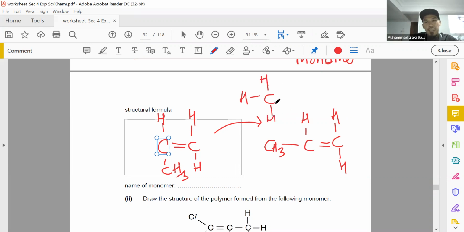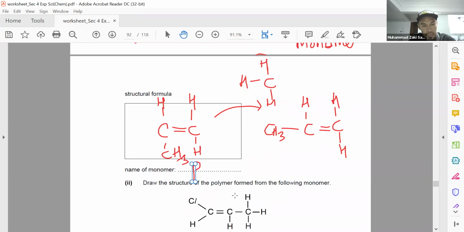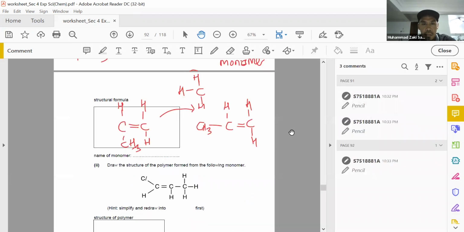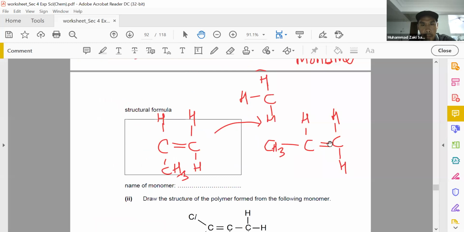Yes. So this and this are the same. So when you substitute this to this, this is called an alkene with 3 carbons. So what is it? It's called propene.